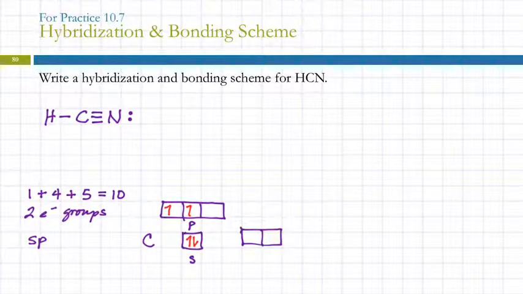So we're taking one of the p orbitals and that s orbital, and we're going to hybridize those together. There are still 2 p orbitals that remain unhybridized.